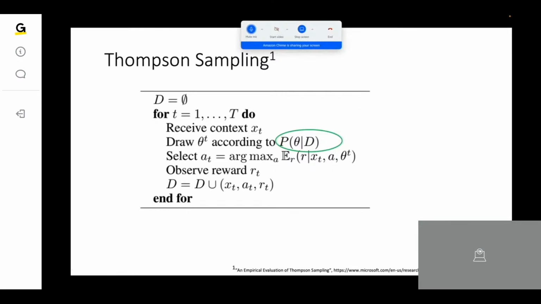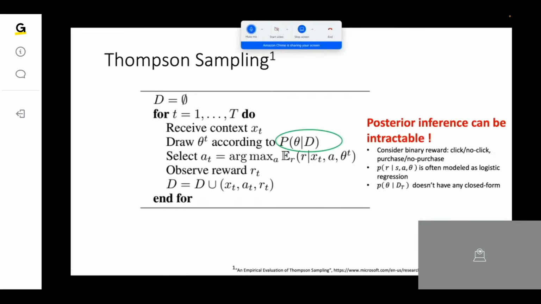It turns out that even if we make the simplest assumption, like we have a binary reward, and the reward is modeled as a logistic function, computing the posterior doesn't have any closed form, and we need to use some approximation, either through sampling techniques like Gibbs sampling or use a variational or mean-field approximation.